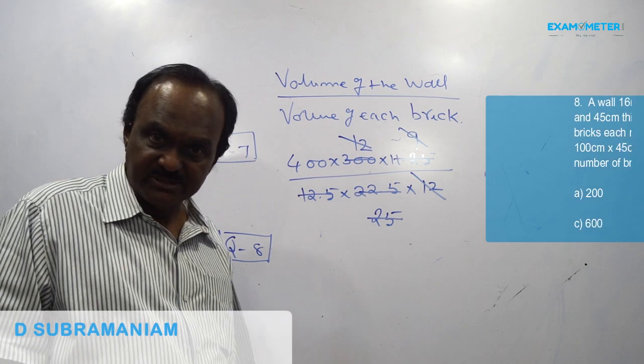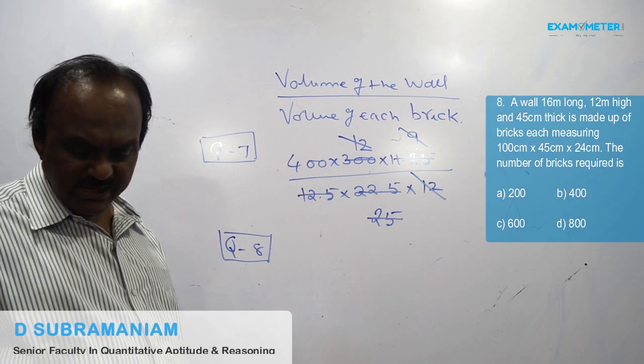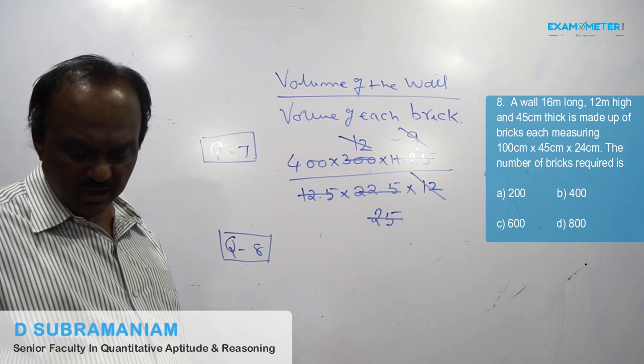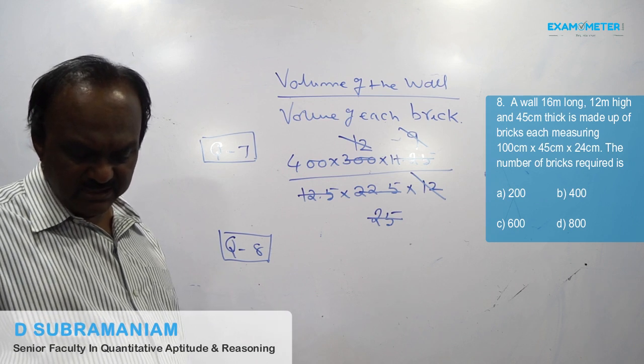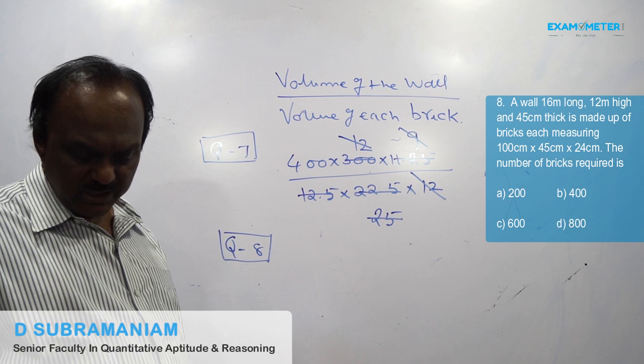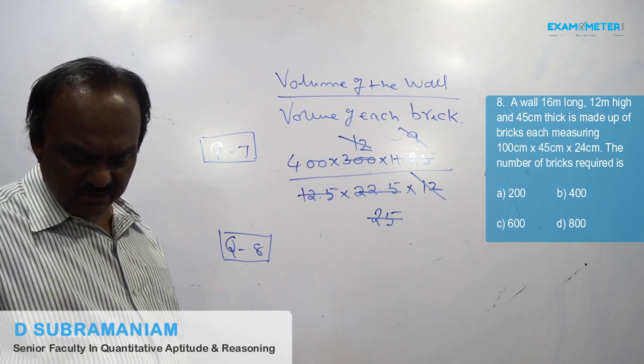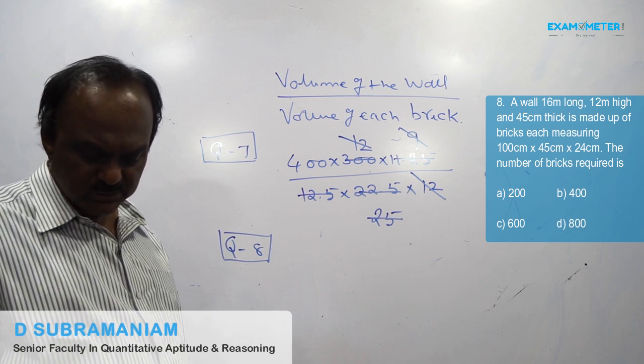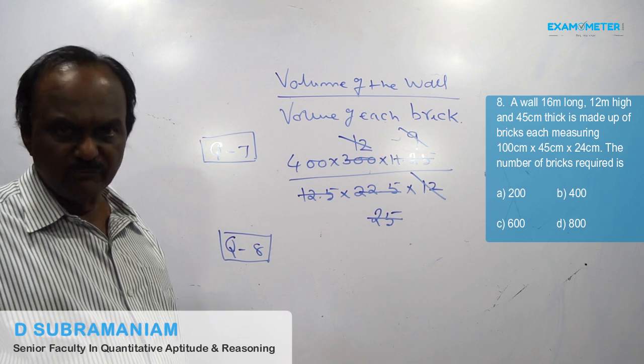Question number 8. A wall 8 meters long, 12 meters high and 45 centimeter thick is made up of bricks measuring 100 centimeter by 45 centimeter by 24 centimeter. The required number of bricks.